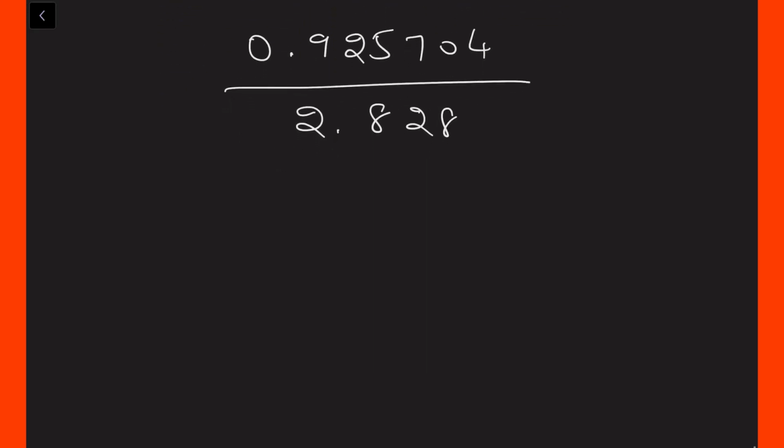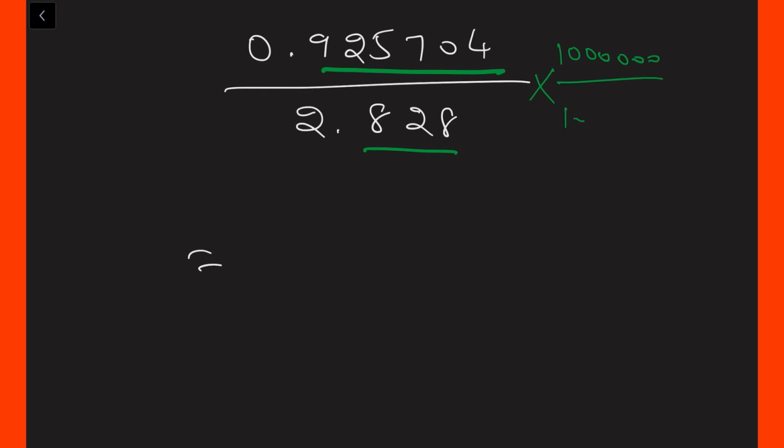If we do the long division method, in the numerator we have 6 digits after the decimal, whereas in the denominator only 3 digits are there. So to remove the decimals completely, I am multiplying and dividing the numerator as well as denominator with 1 and 6 zeros, 1 2 3 4 5 6.